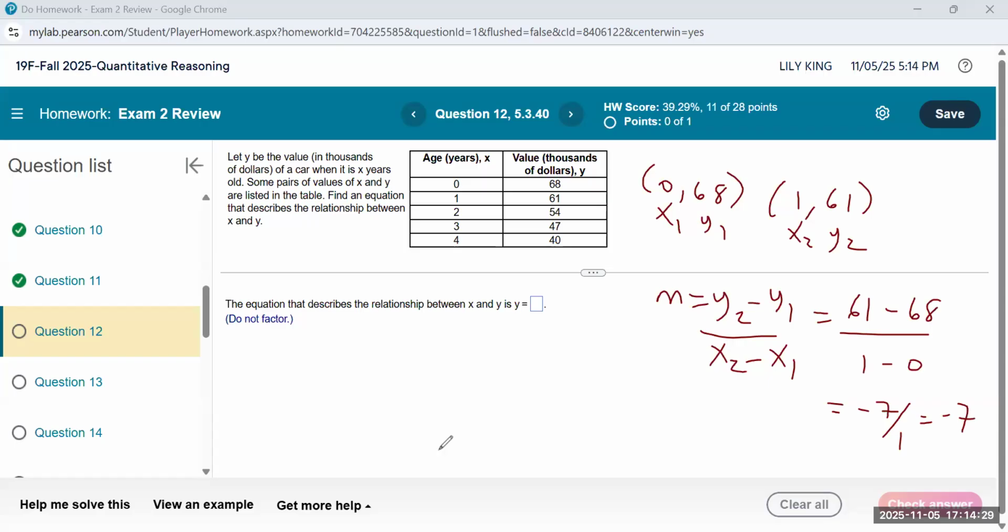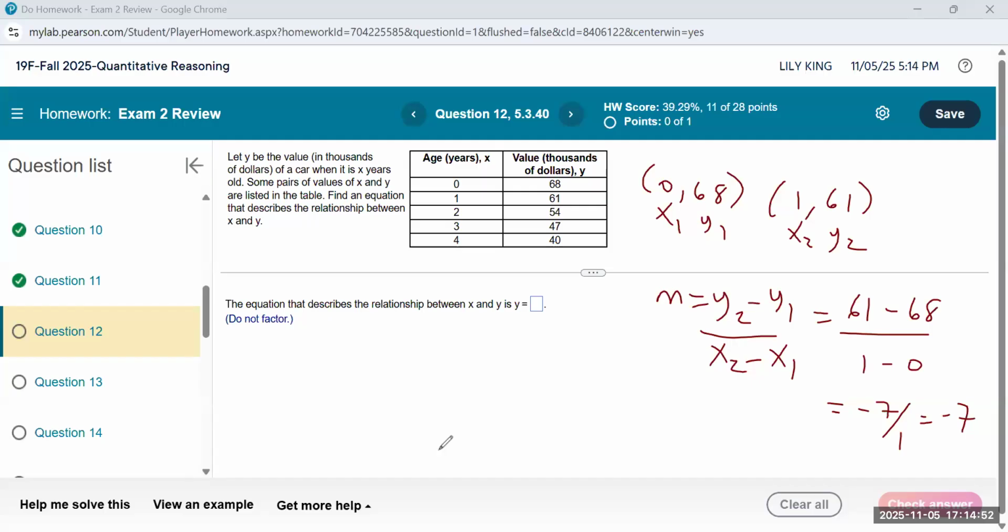So that is your slope. And now the y value that corresponds to the starting value, the y that corresponds to x equal to 0, is your y-intercept. We said the y-intercept is when your x is 0.